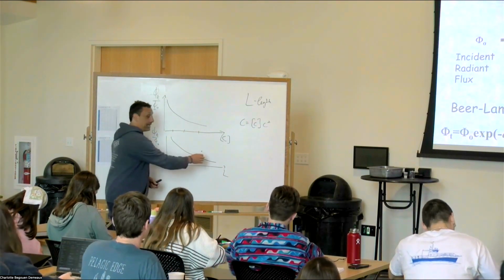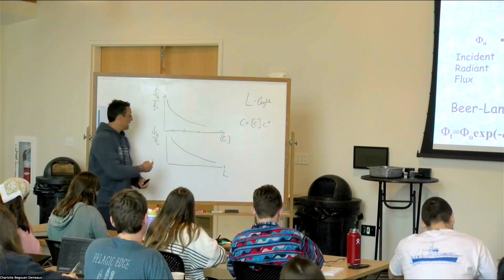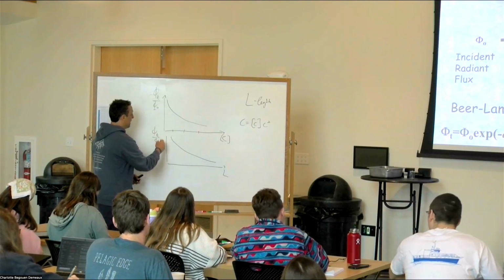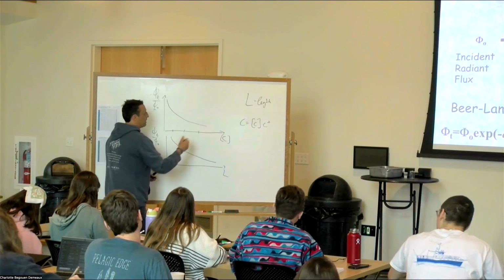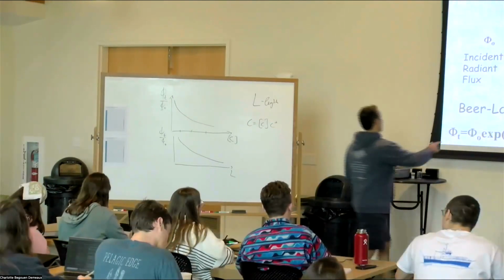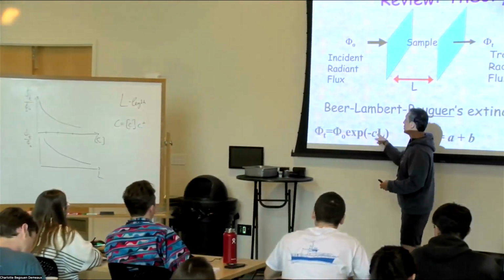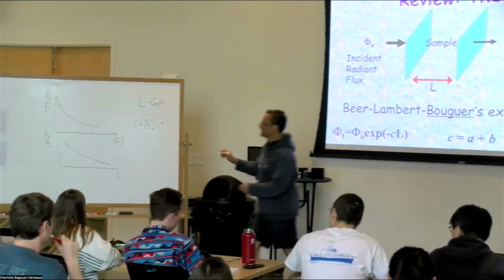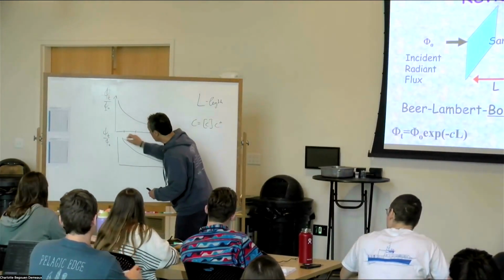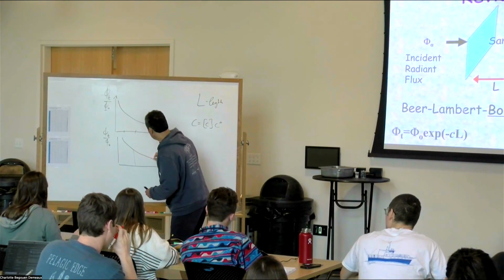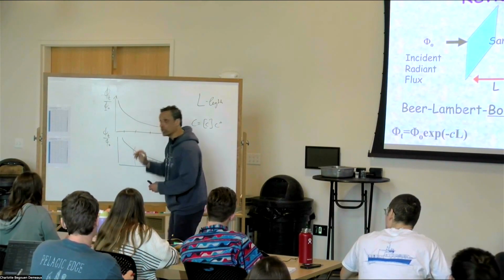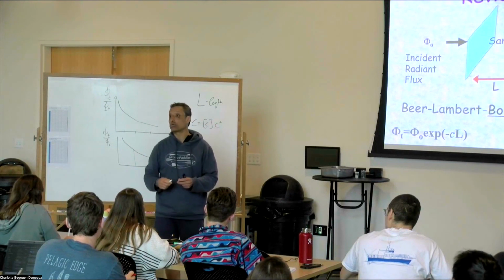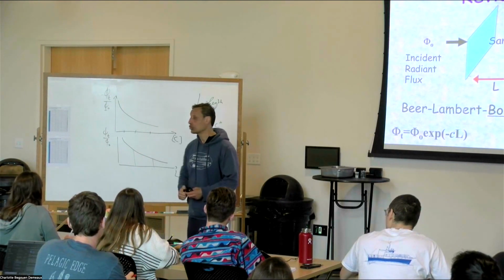If I double the length, this exponent is just twice as large. So I get the same proportional decrease in one versus the other. Just like your bank account grows in proportion, this is the proportional law.